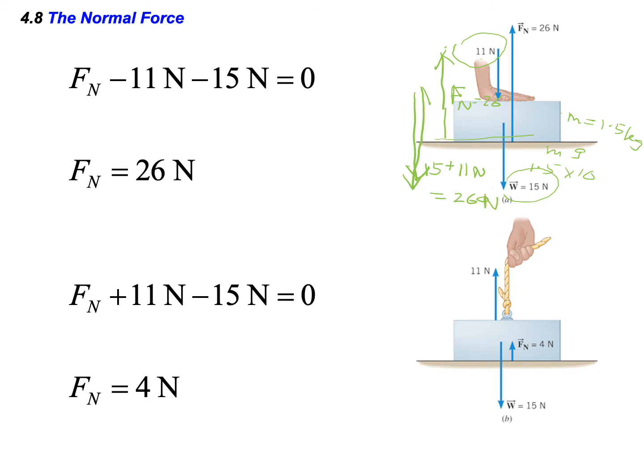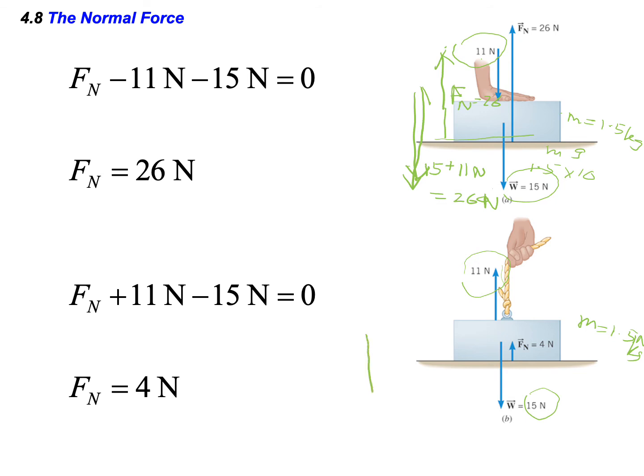And in this case, same mass, 1.5 kilograms, and if you multiply by 10, you get 15 Newton. This is weight force. Instead of pushing down, now you lift with the force 11 Newton. So you have now two forces.